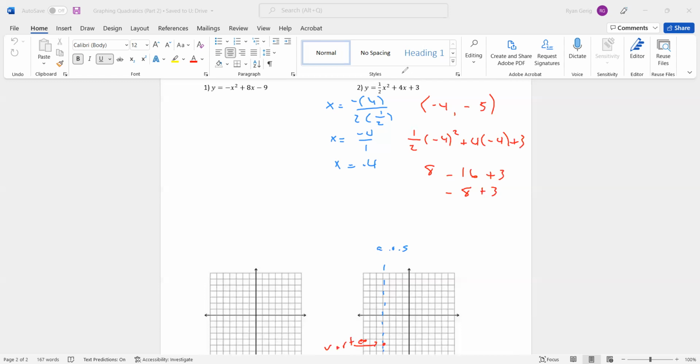Now, the table is where it's going to get a little bit dicey here. Because of that fraction, I don't really want odd numbers, because if I, for example, I'll just say -3, -3 squared is 9. Half of 9 is a decimal. I don't want that.